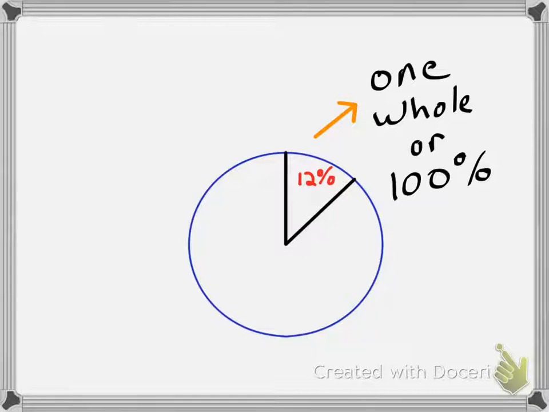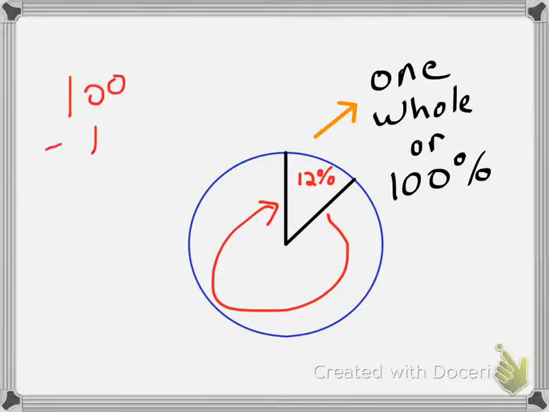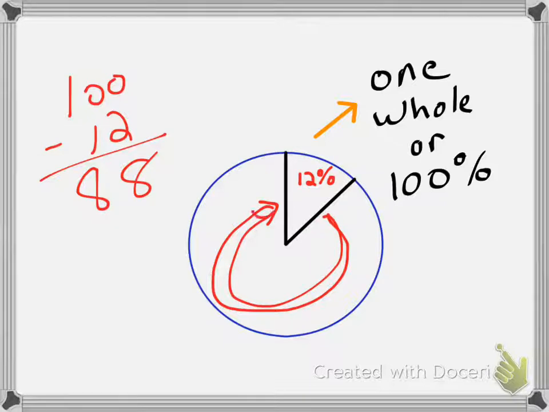Now, that's 12% of the whole, which means the rest of this, from here all the way back to here, is 100%, so one whole minus 12%. So 100 minus 12, and you would get 88. So all of this from here to here is 88%.